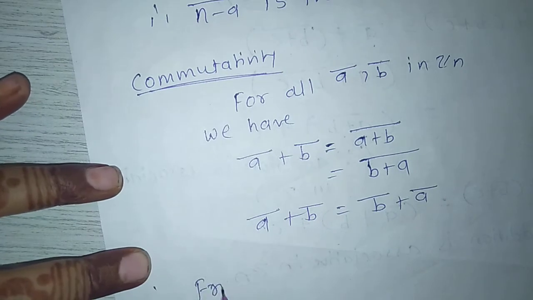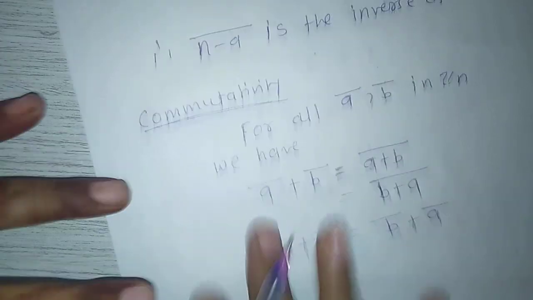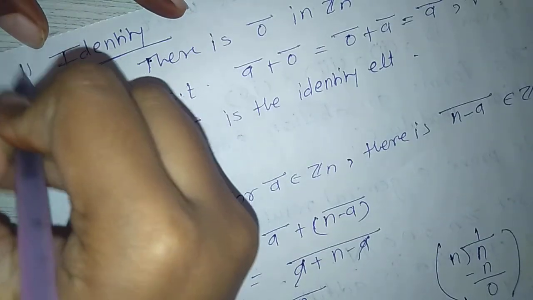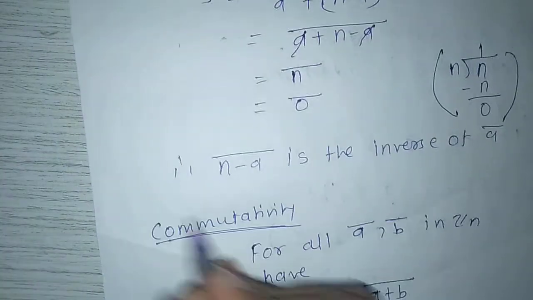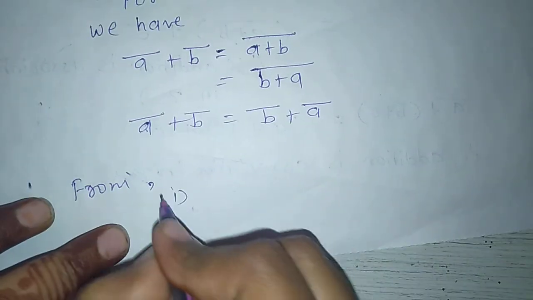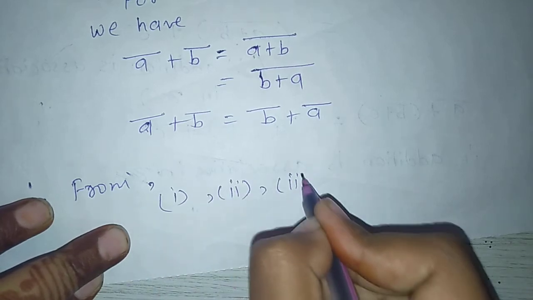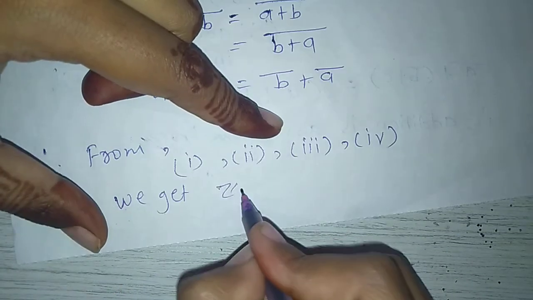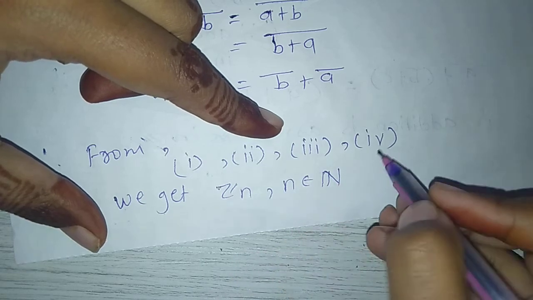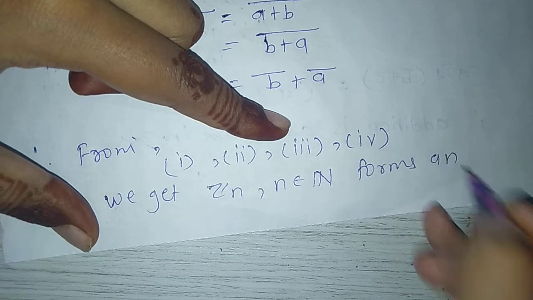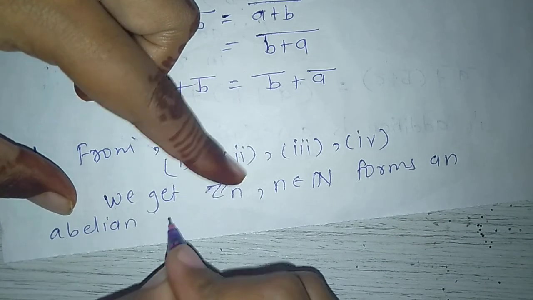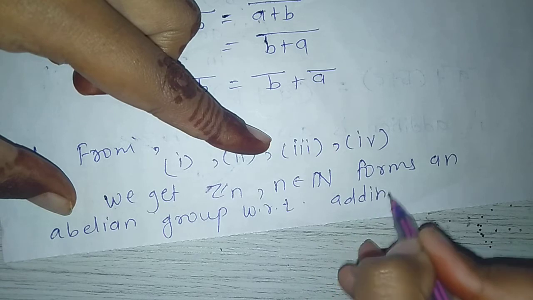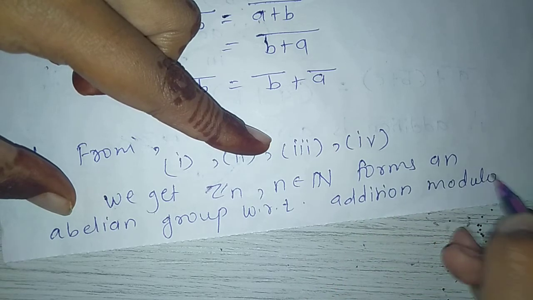Therefore from first, second, third and fourth, we get Zn, n belongs to natural numbers, forms an abelian group with respect to addition modulo n.